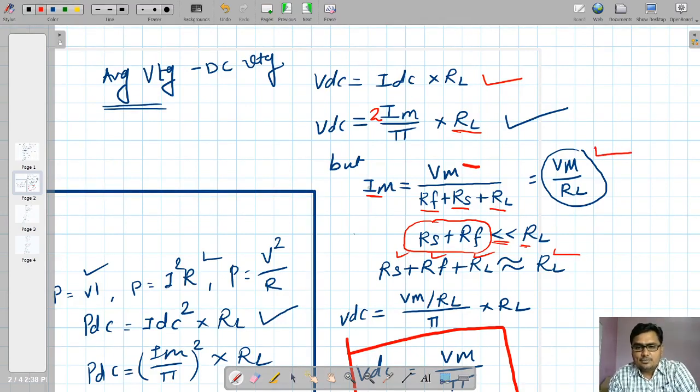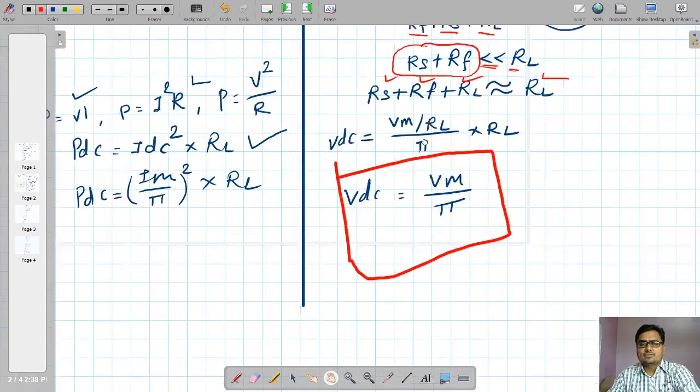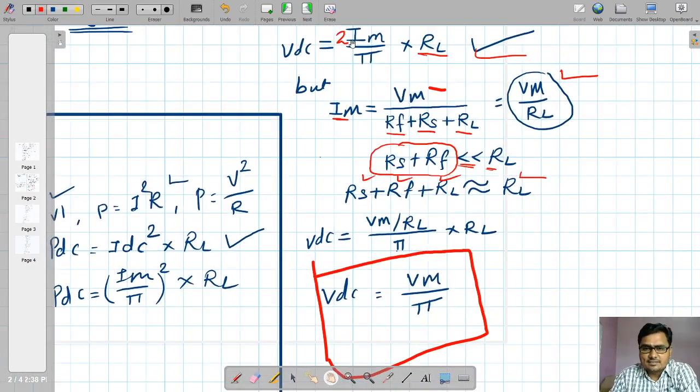So put Im is equal to Vm divided by RL in the above equation of VDC. Then what am I getting? VDC is equal to twice Im divided by pi multiplied by RL.